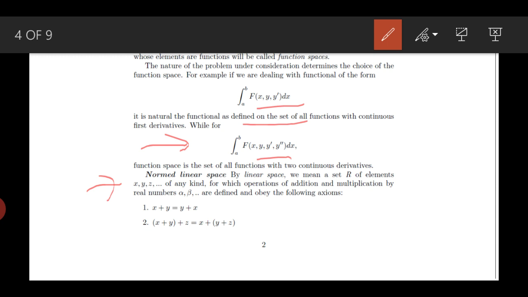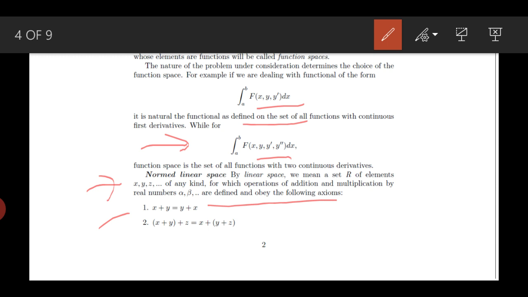So I have a space where I can define the addition rule and multiplication by a scalar. You can define these laws, and these laws also hold the following properties. We will take a look one by one.